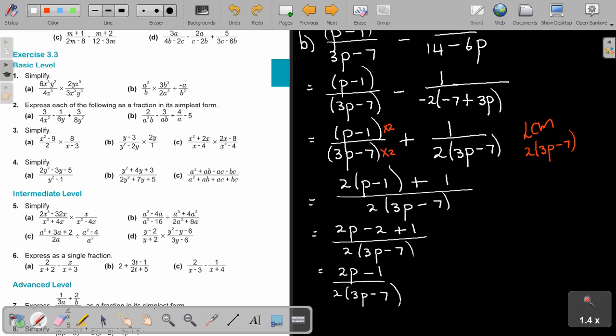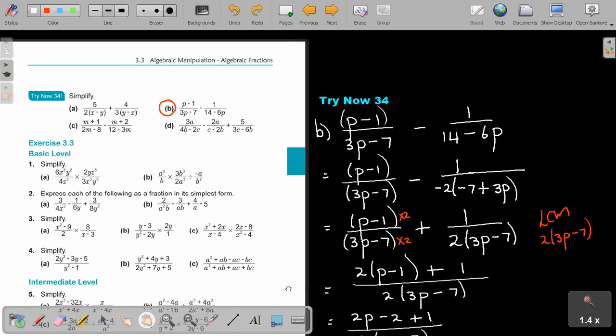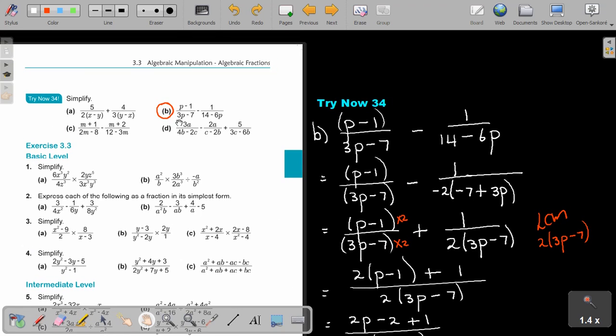Okay, that was number B. Let's just check. So 2P minus 1 over 2, and that's excellent. A good idea will be to first try all these examples so that you get used to changing the sign or taking out a negative common factor. And it's usually when you look at all of them, you will see there is m positive, there is m negative, there is the constant negative, there is it positive.